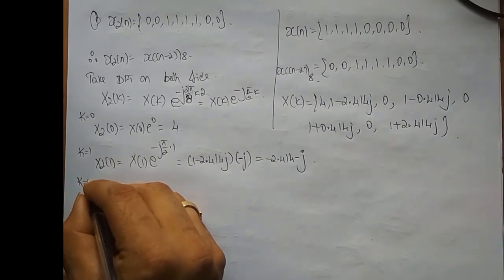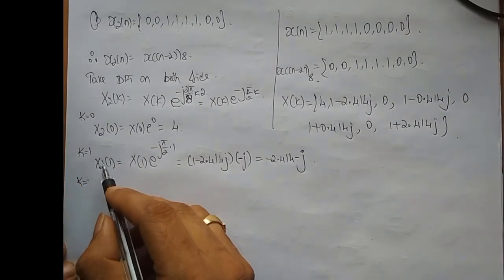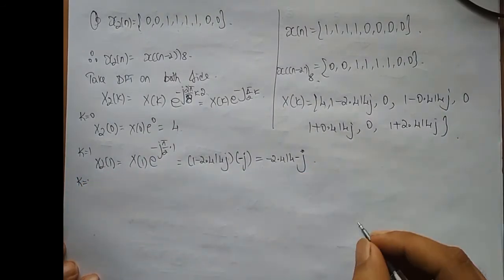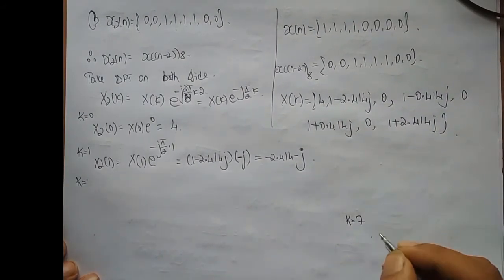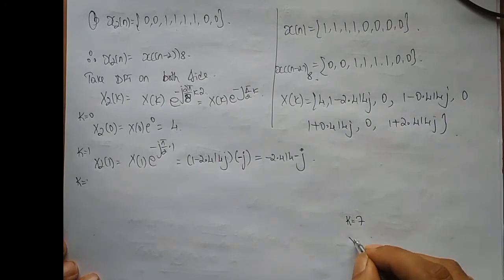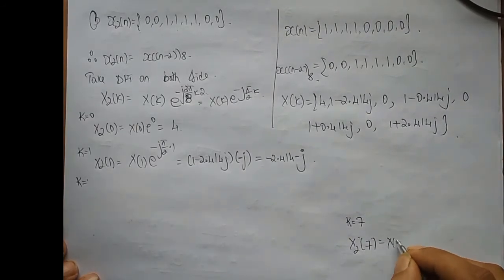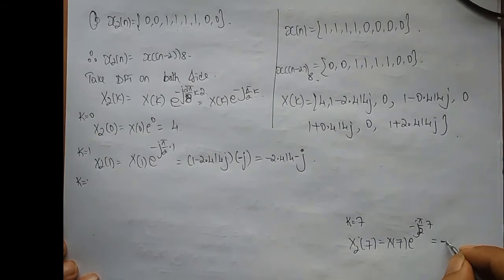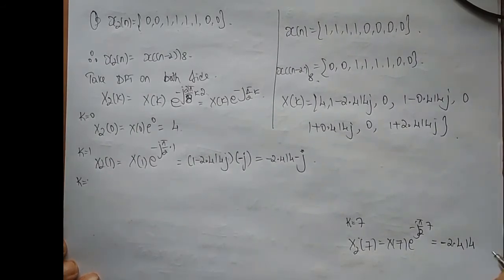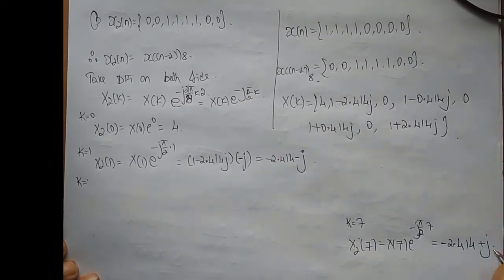So this is the complex conjugate of what? For k is equal to 7, x2 of 7 is equal to x of 7 into e power minus j pi by 2 into 7. This becomes the complex conjugate of this, which is minus 2.414 plus j.